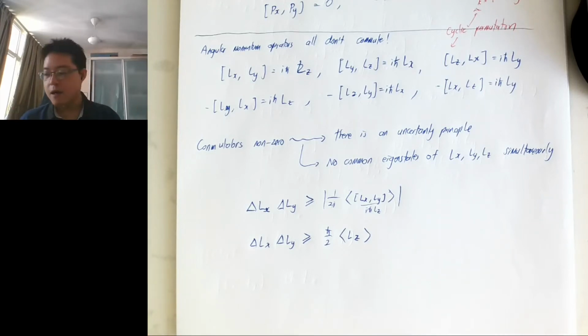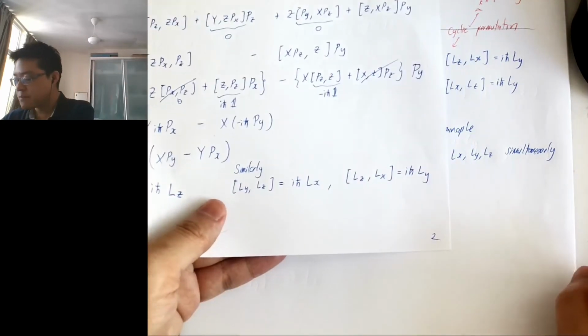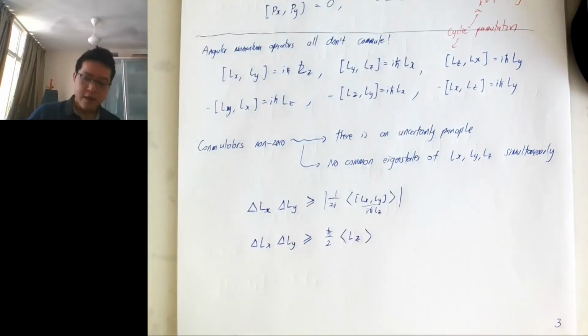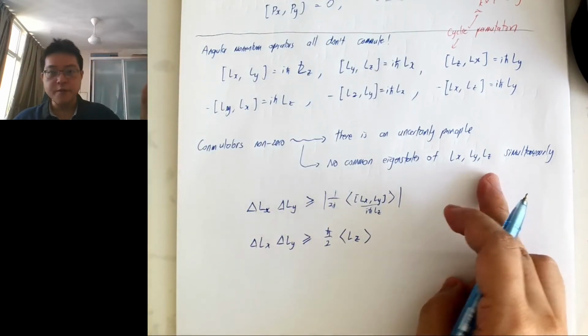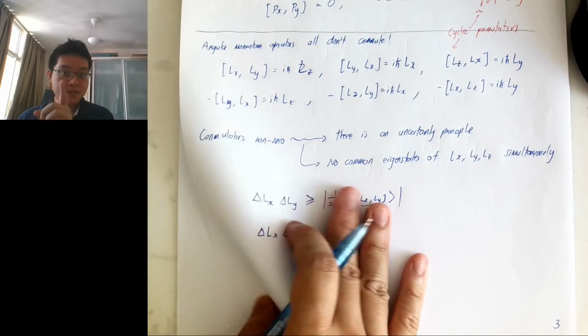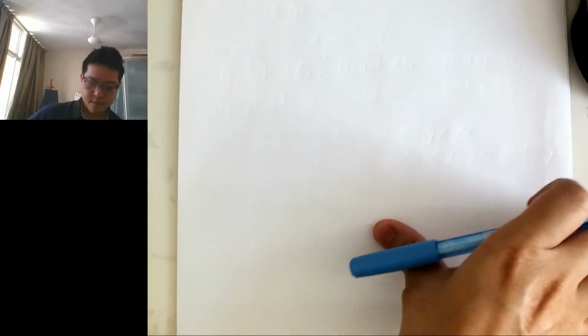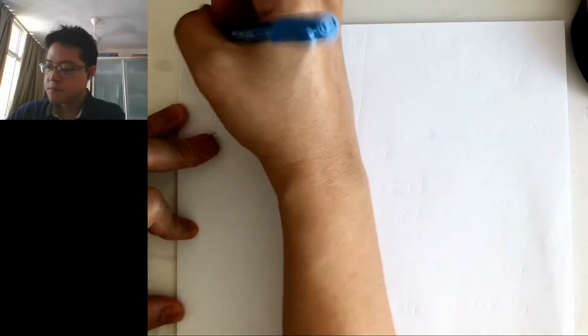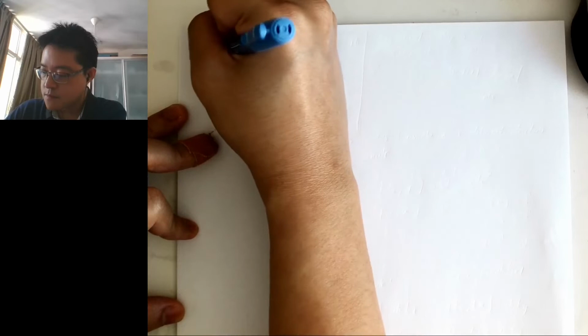And the way to avoid this problem is we consider something else, right? We make an observation. So even though these three do not commute, what does commute is the total angular momentum.